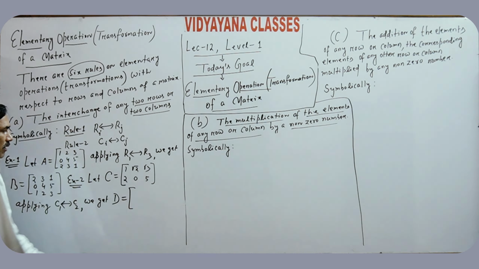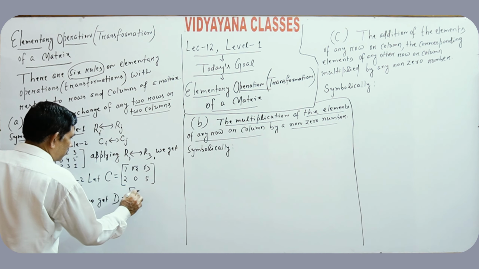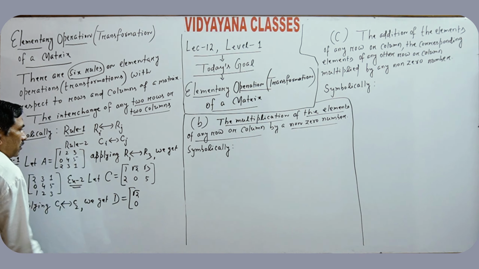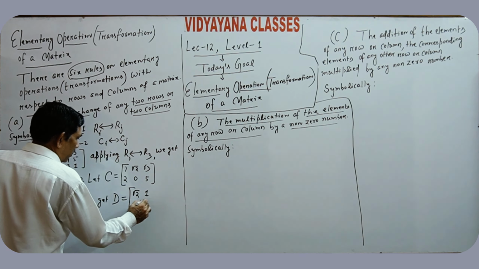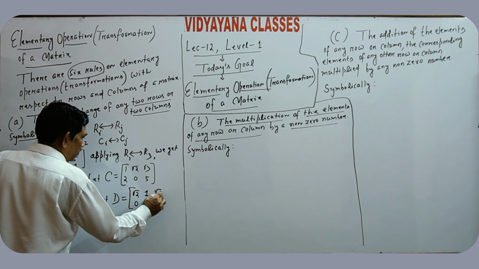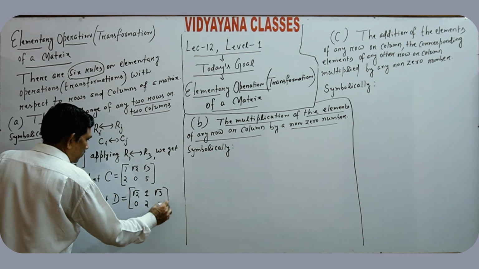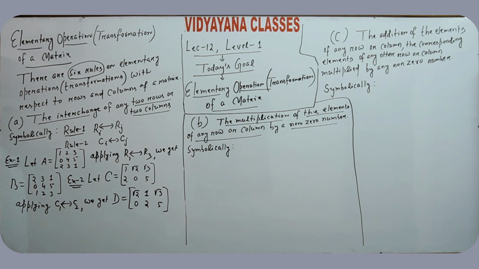Column 2 contains root 2, 0. So it is root 2, 0. Column 2 is replaced by column 1. Column 1 contains 1 and 2. There is no change of column 3. Clear? Column 1 is replaced by column 2. Column 2 is replaced by column 1. According to rule 2, there are 6 rules. A contains 2 rules.